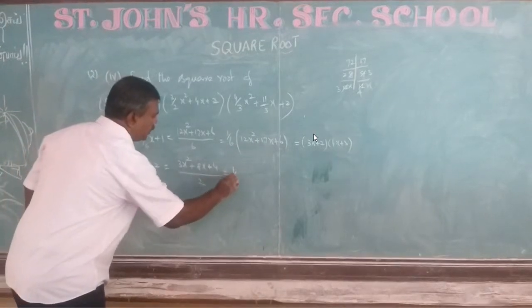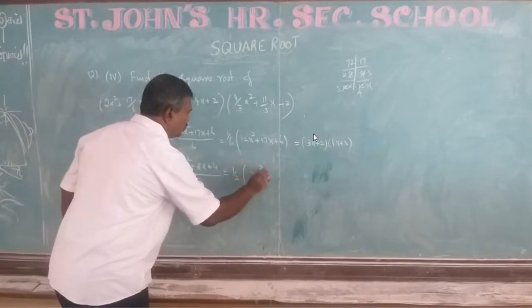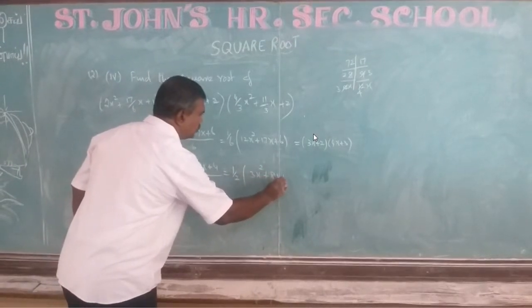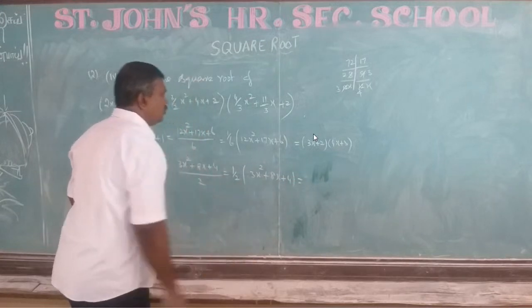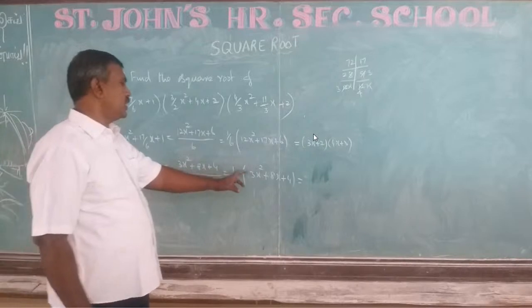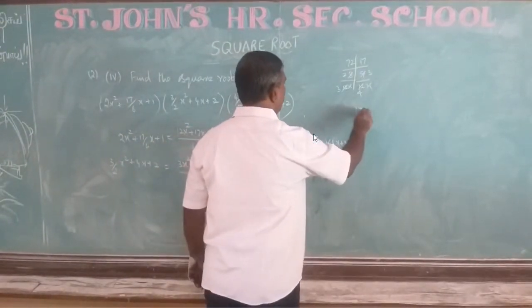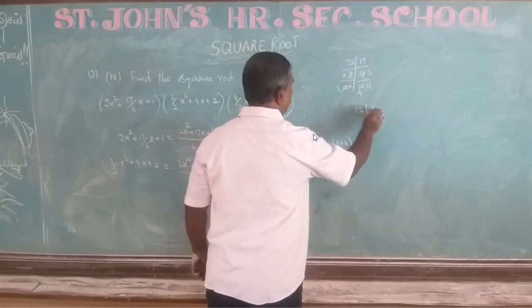That is equal to 1 by 2 into (3x squared plus 8x plus 4). Now we apply the T method: the product 3 into 4 is 12, and the sum value is 8.